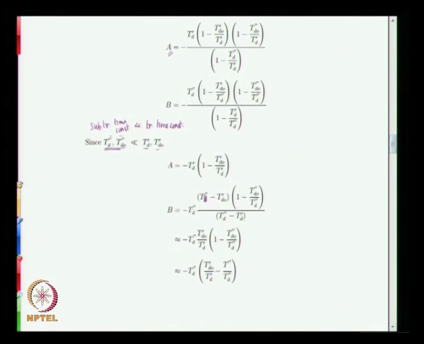Now here this term is much smaller than this, and therefore this term simplifies to minus T double dash d, because you neglect this term T dash dO, and the denominator simplifies to minus T dash d, and therefore this part can be written as minus T double dash d into T dash dO by T dash d.